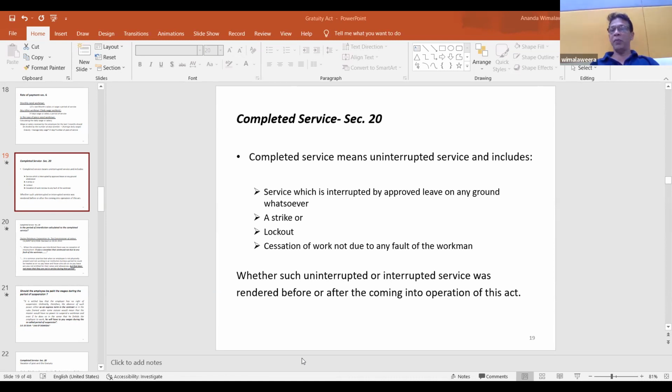So people, including this man, went on a 15-day or 1-month strike continuously. Can that 1 month be excluded when the completed 5 years is calculated?